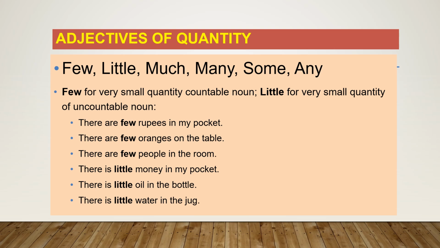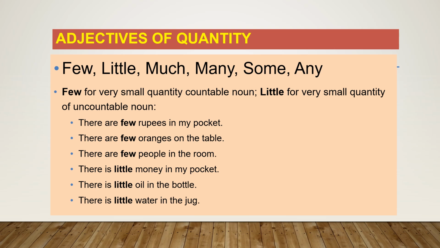There is little money in my pocket. Money you count as rupees, you count as dollars, or you count as euros, you count as pounds. It is not money which is countable, money is uncountable, but the currency is countable. So we say little money in my pocket.